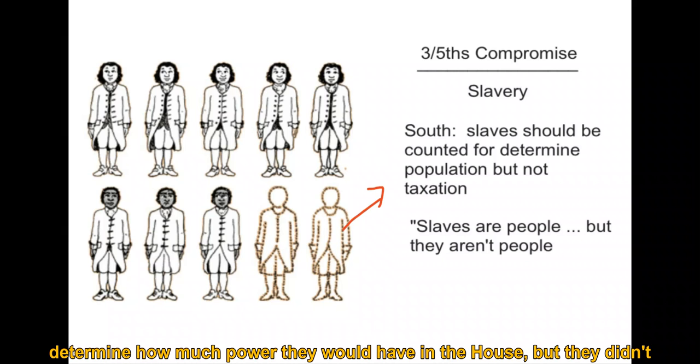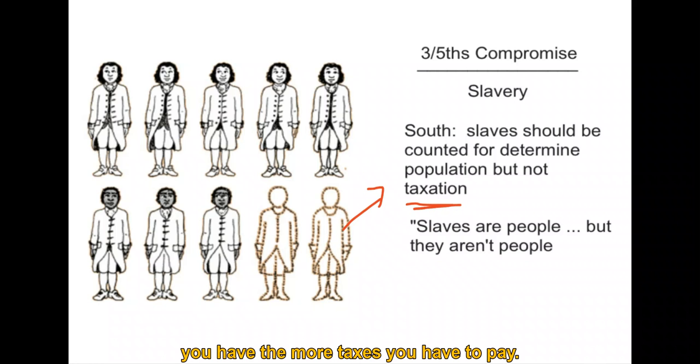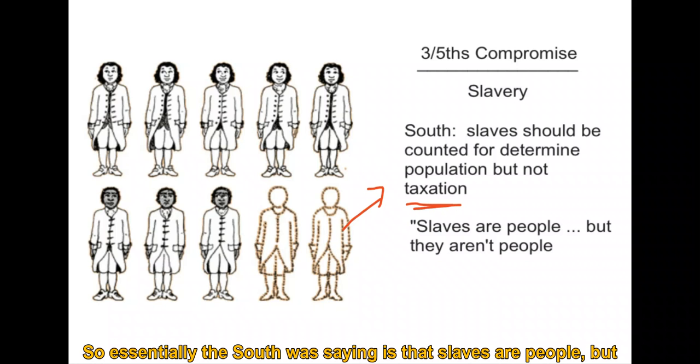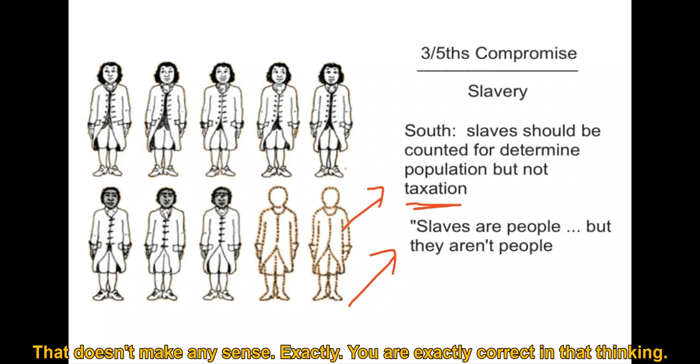But they didn't want them counted when it came to taxation, because the more people you have, the more taxes you have to pay. So essentially, the South was saying that slaves are people, but they aren't people. And I know you might say, wait a minute, that doesn't make any sense. Exactly, you are exactly correct in that thinking.